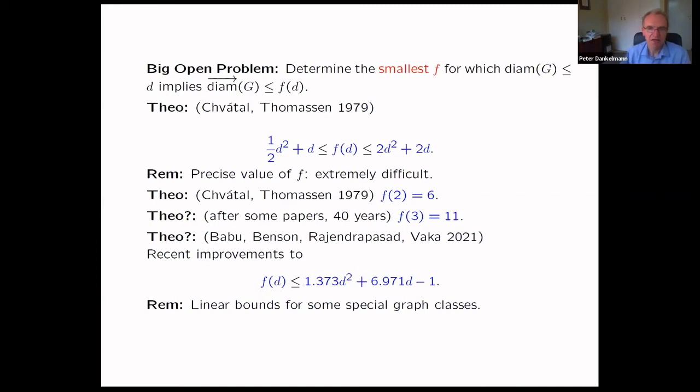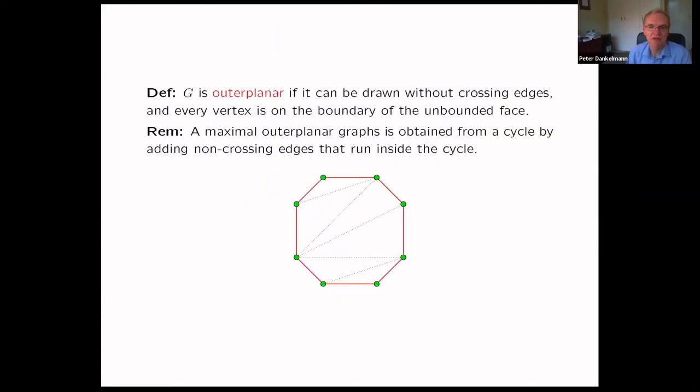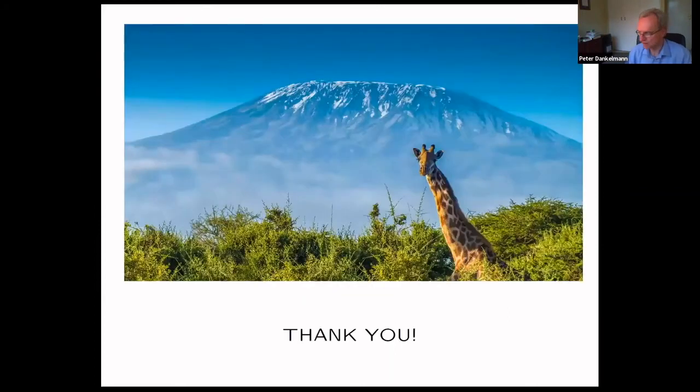However, as I said, determining the precise value of f is extremely difficult. There are linear bounds for some special graph classes like interval graphs and other things, but the general problem remains extremely difficult. So let me see, there are these things I wanted to skip in the interest of time.